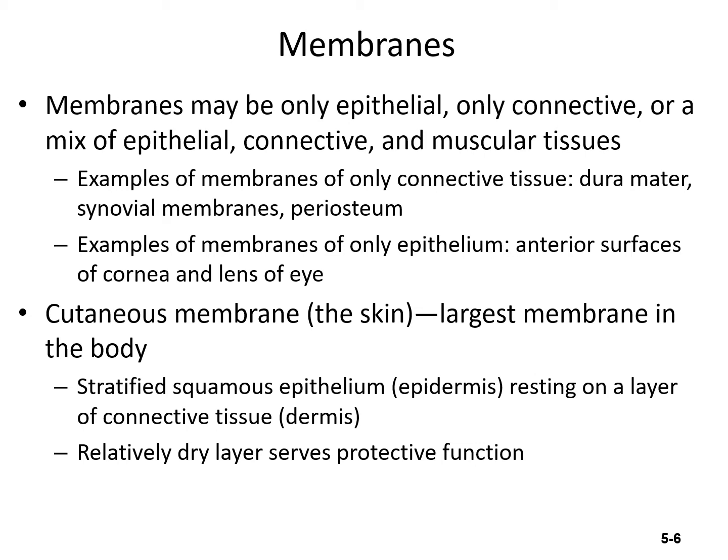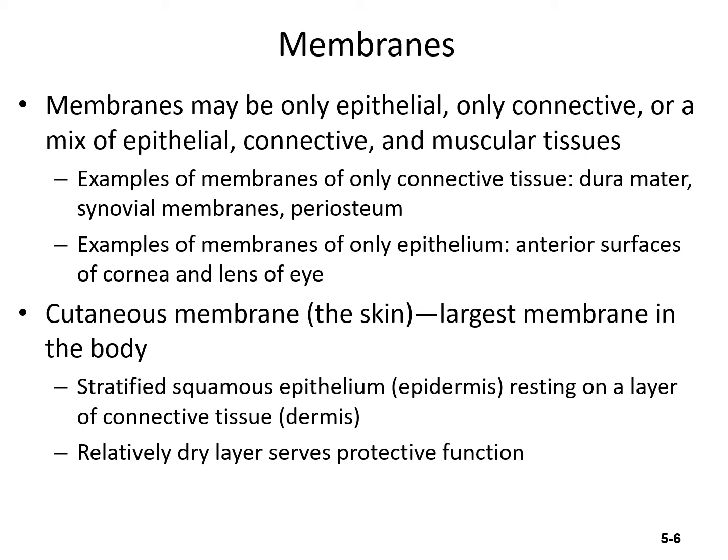And then most of our other membranes are going to be mixtures of different types of tissues. So the peritoneum, for example, which we've talked briefly about before, and the pericardium, those are going to be mixtures of multiple types of tissues. And then the skin itself can actually be classified as a membrane.